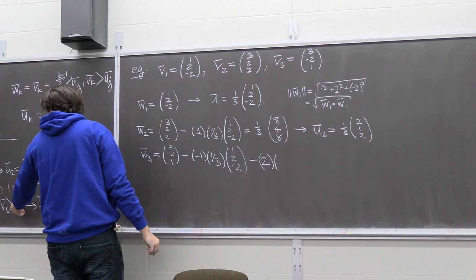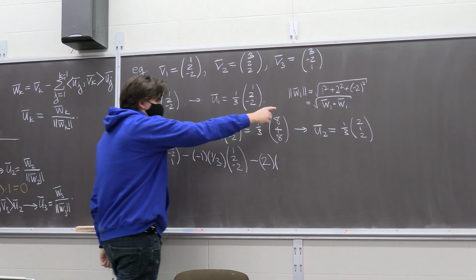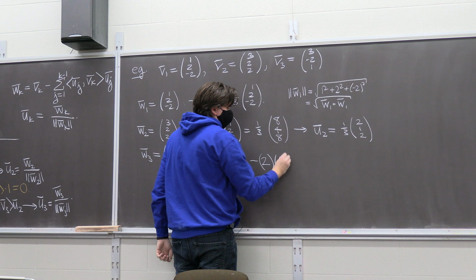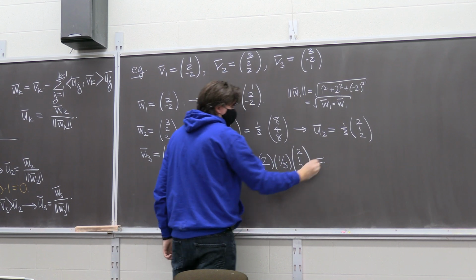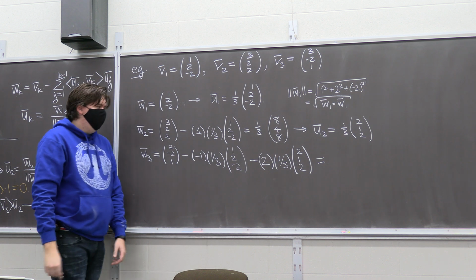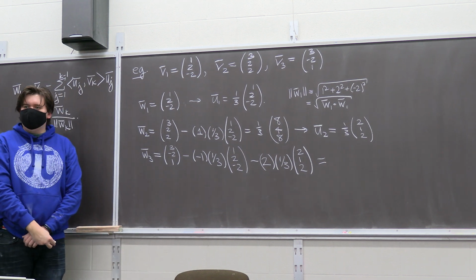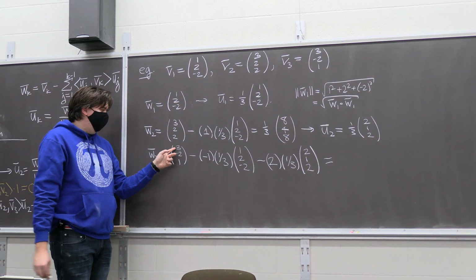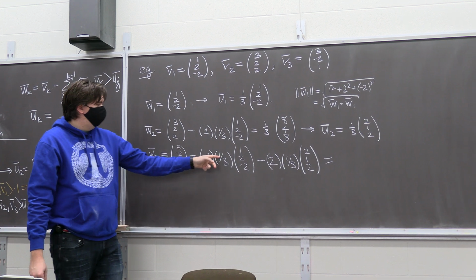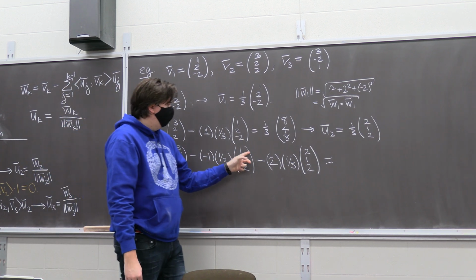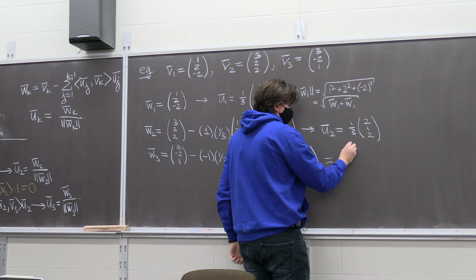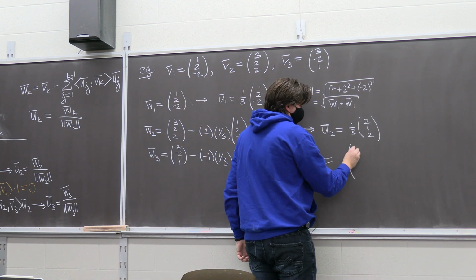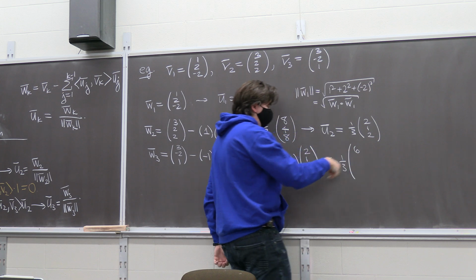And then we want to times that by a copy of U2, which is 1/3 of 2, 1, 2. Whew, I'm going to mess this one up, but let's try. 9/3 plus 1/3 is 10/3, minus 4/3 is 6/3, or 2. I think I should write it as 6/3 because I think it's going to come out to be thirds again.